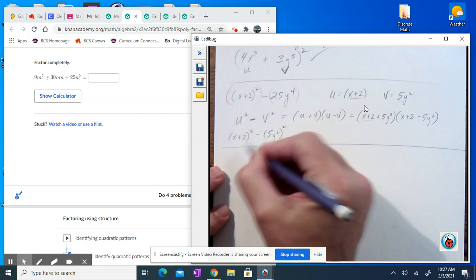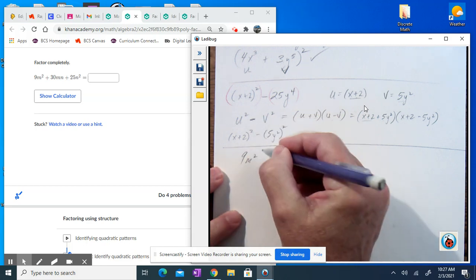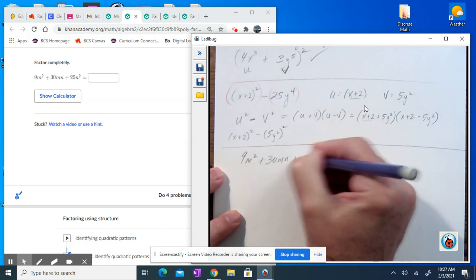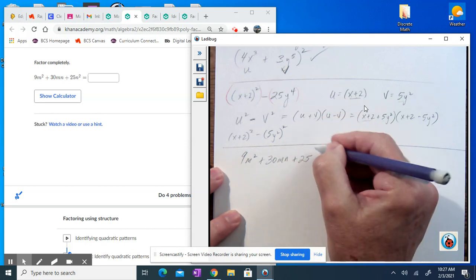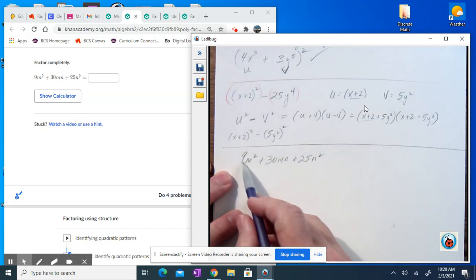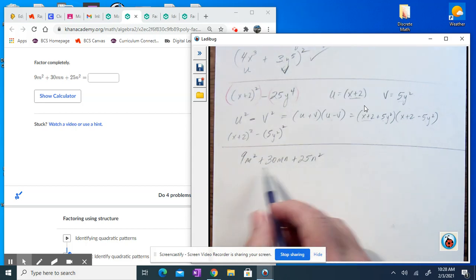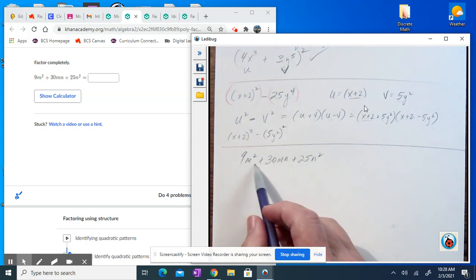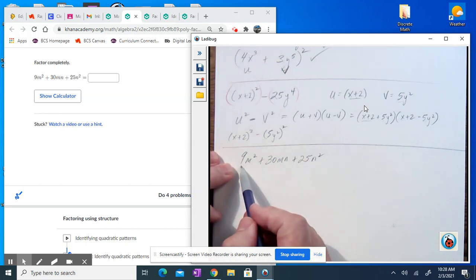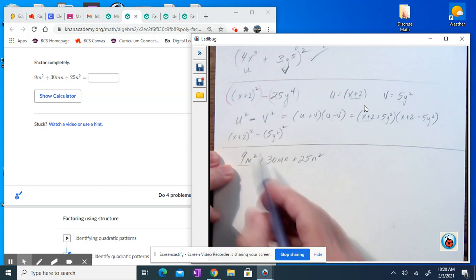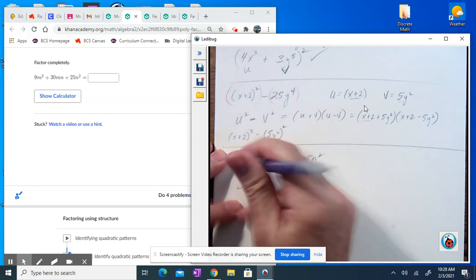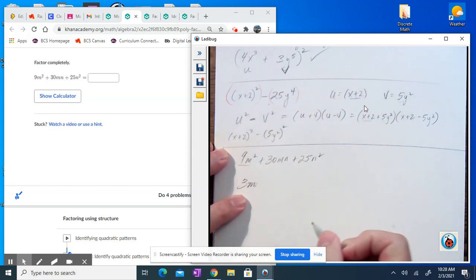So we've got 9m squared plus 30mn plus 25n squared. And I don't see a common factor. 3 goes into that, but not that. They don't all have an m. They don't all have an n. So I think what we got here is a perfect square trinomial, right? Because if you take the square root of that, you get 3m.